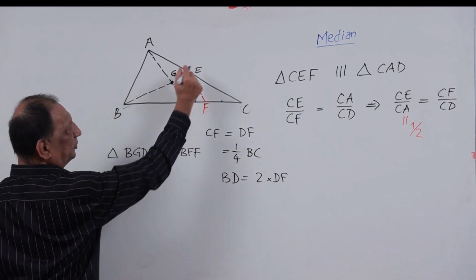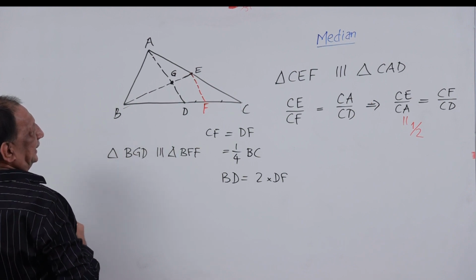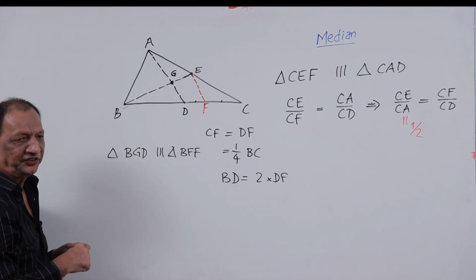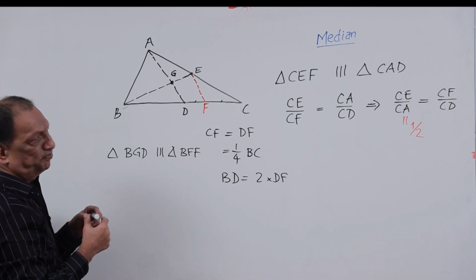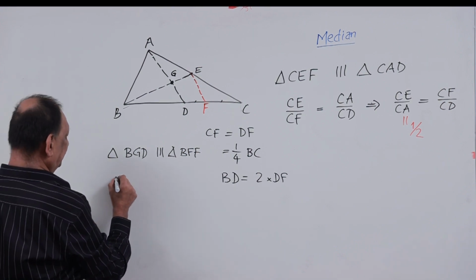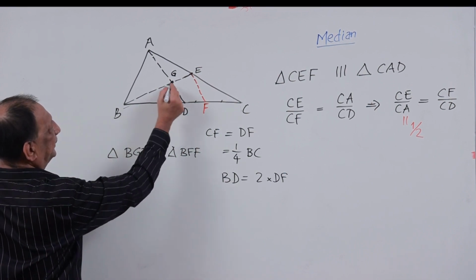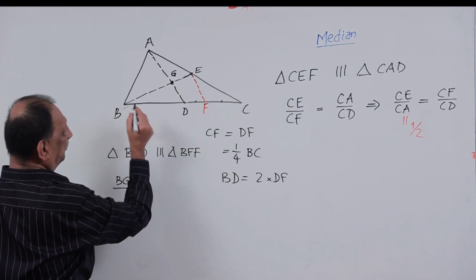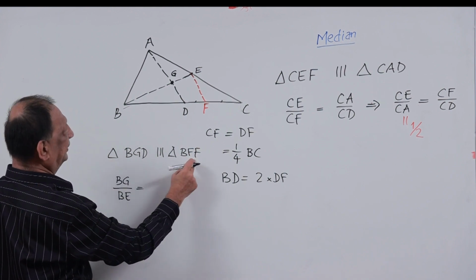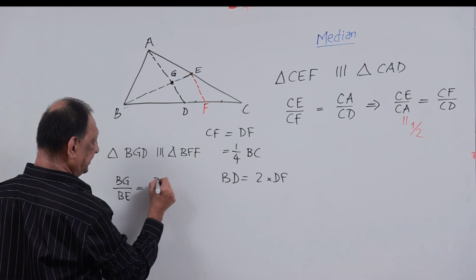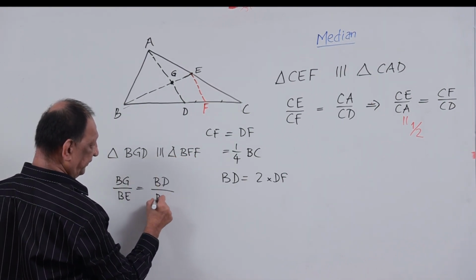Correct? BGD is similar to BEF because you got two corresponding angles which are equal and angle B which is common, so they are similar, right? So once you have similar triangles, we write the same ratios. So what is BG divided by BE? Corresponding, BG divided by BE equals BD, that is the first and last letters, must be equal to BF.